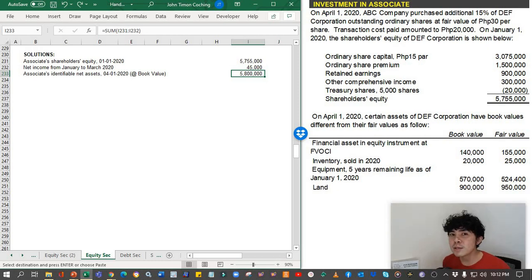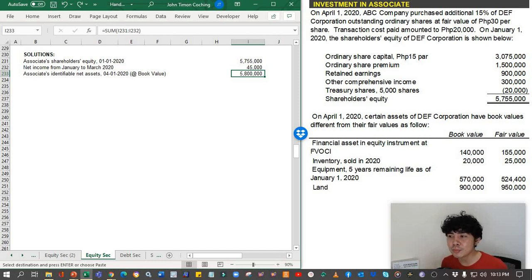So, dito. So, sabi dito, on April 1, 2020, certain assets of DEF Corporation have book values different from their fair values as follows. So, eto lang yung mga assets na may mga fair value na iba sa book value nila on April 1, 2020. Ibig sabihin, yung other assets na hindi kasama dito, yung book value nila, pareha sa fair value.